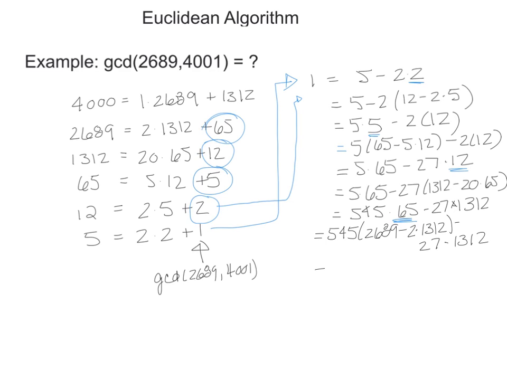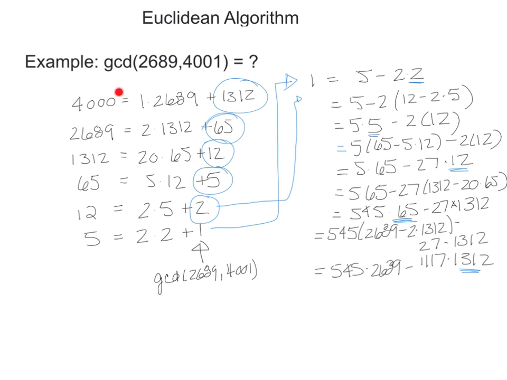I'm going to combine my 1312s, and I get 545 times 2689 minus 1117 times 1312.